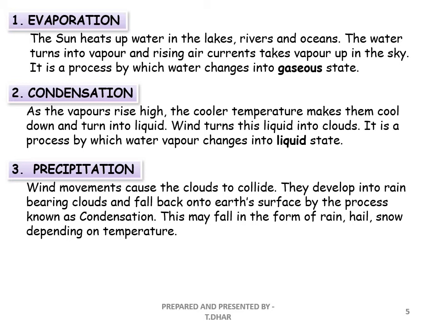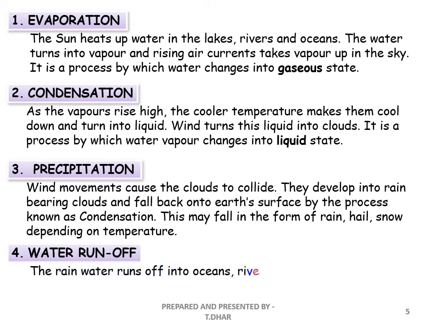Now in this precipitation, the falling of the liquid form of water onto the Earth's surface may be in the form of rain, hail or snow, depending on the temperature. If the temperature on the Earth is cold, it will precipitate in the form of snow or hail. Otherwise, it will fall on Earth in the form of rain.